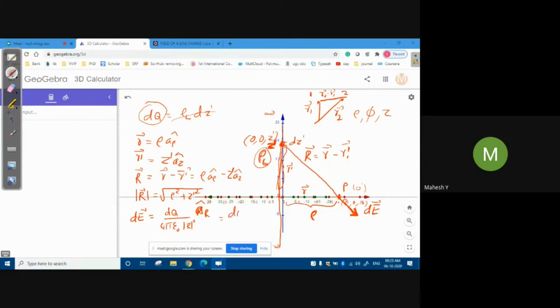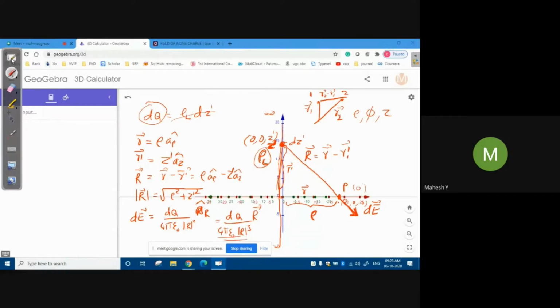So this is nothing but dq by 4 pi epsilon 0 mod r square into ar cap, because ar cap is vector r divided by mod r, right? Since r square is already there and another r, it will become r cube. So I will erase this and write it again as dq divided by 4 pi epsilon 0 mod r cube into vector r.